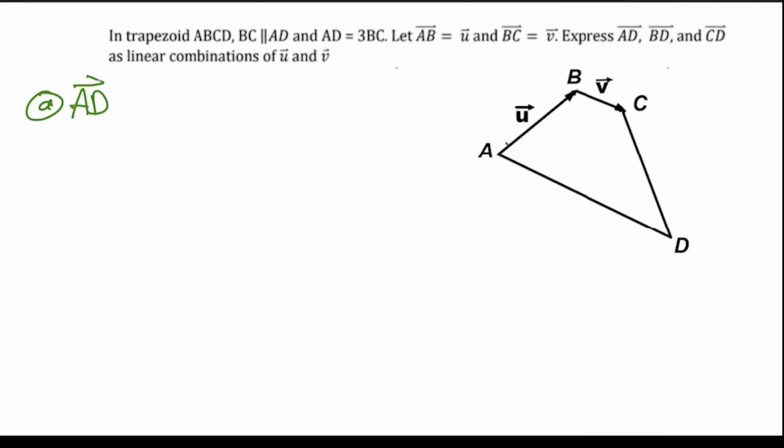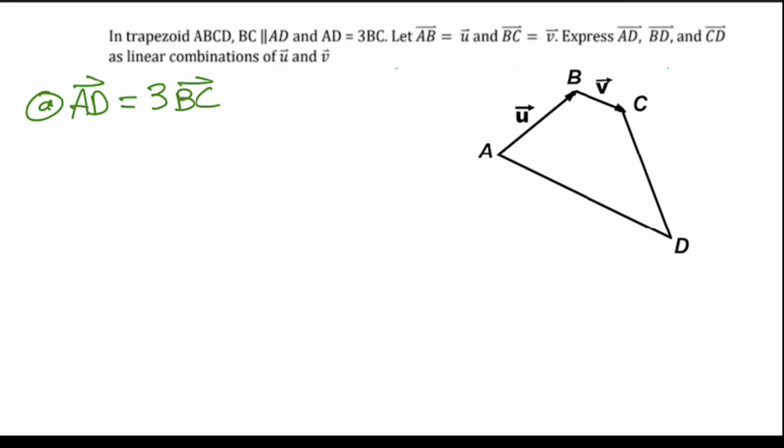What do I know about vector AD? Well, we already said that it's 3 times our vector BC here, so let's express that. So vector AD is equal to 3 times vector BC, because we've already been told that the length of side AD is equal to 3 times side BC, and we know that they are parallel or collinear, so the direction's the same.